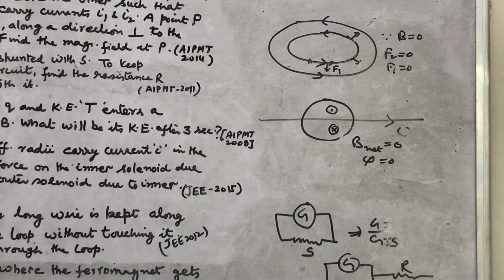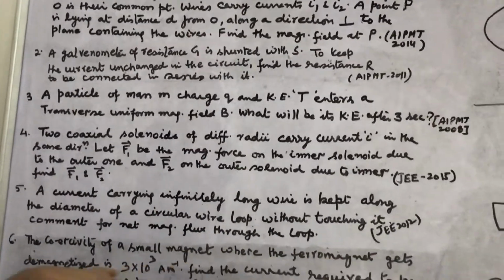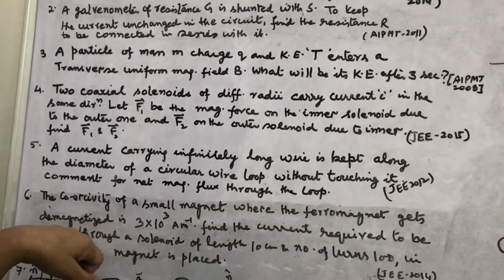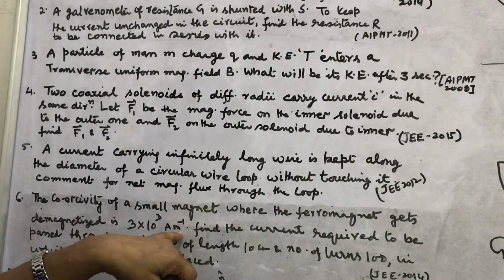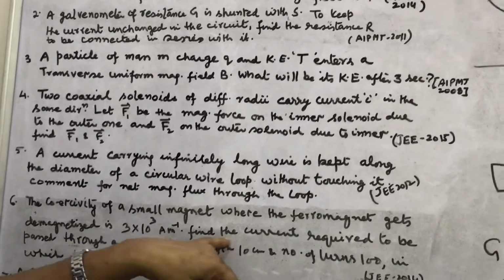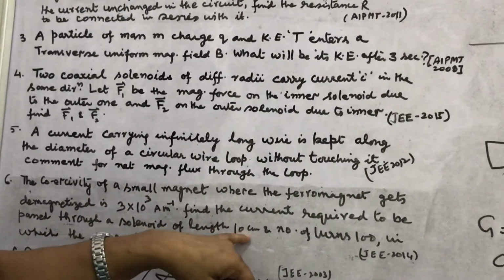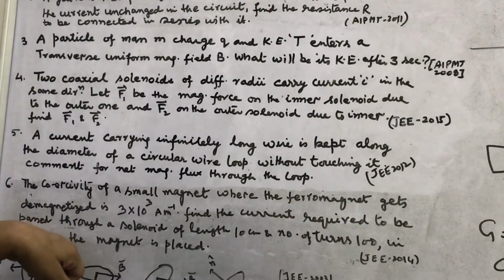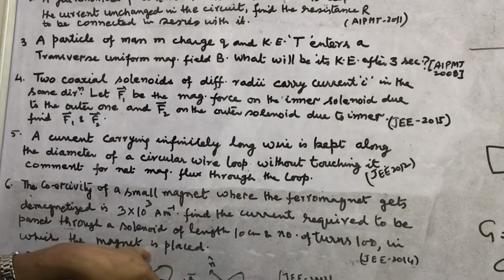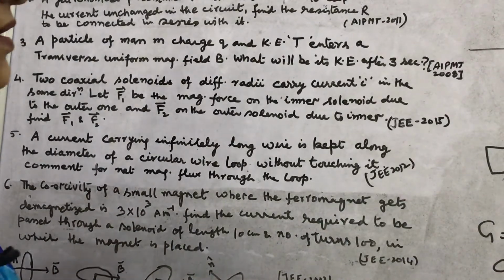This is the concept. Next one: the coercivity of a small magnet, where the ferromagnet gets demagnetized, is 3 into 10 to the power 3 ampere per meter. Find the current required to be passed through a solenoid of length 10 centimeter and number of turns 100 in which the magnet is placed. We have read what coercivity is.